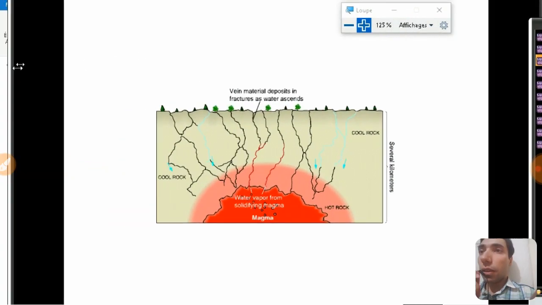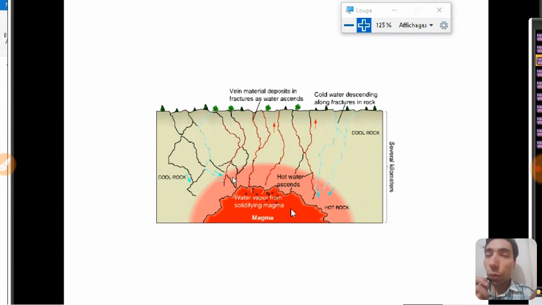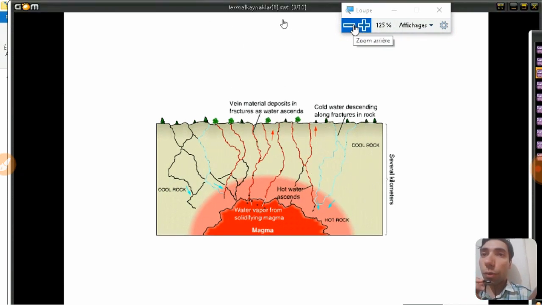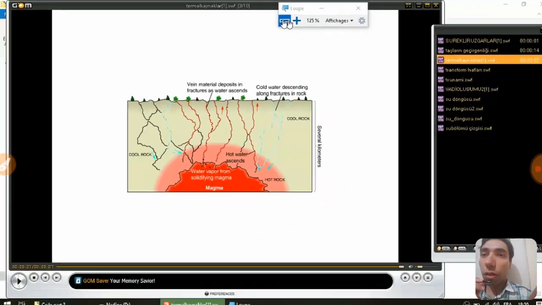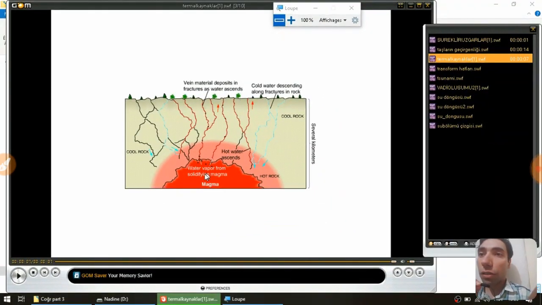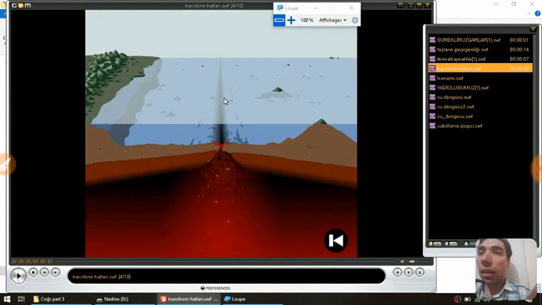So material deposits in fractures as water ascends. This is magma, and magma goes up to the surface, and cold water descends along fractures in rock. So there is hot rock, hot water ascending, and cool rock. If water vapor comes from solidifying magma, it makes foundations.